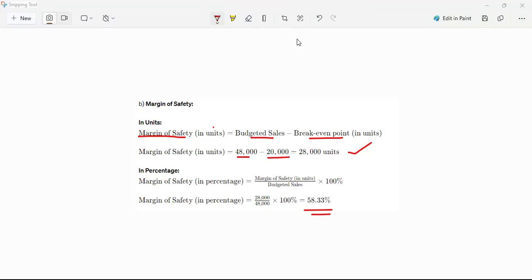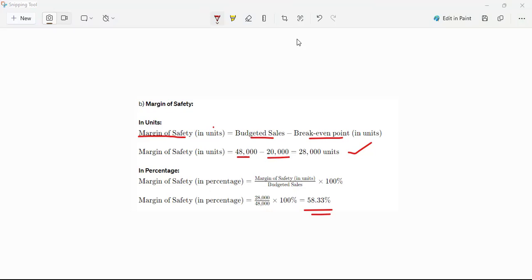Okay. Has the question been answered? I couldn't quite get that. What I'm trying to say is there's no way we can find it without the budgeted units.